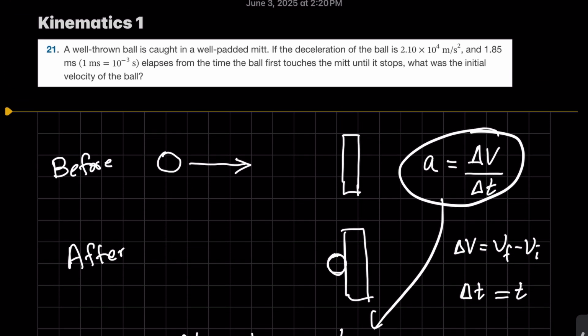So whether this number that's given up here is a positive number or a negative number all depends on you, really, how you set up the problem. And there's a lot of flexibility for you to pick the direction of things, right? So what I mean by that is this ball is moving, let's say, to the right, and we have to decide what that means. Moving to the right, does that mean positive?